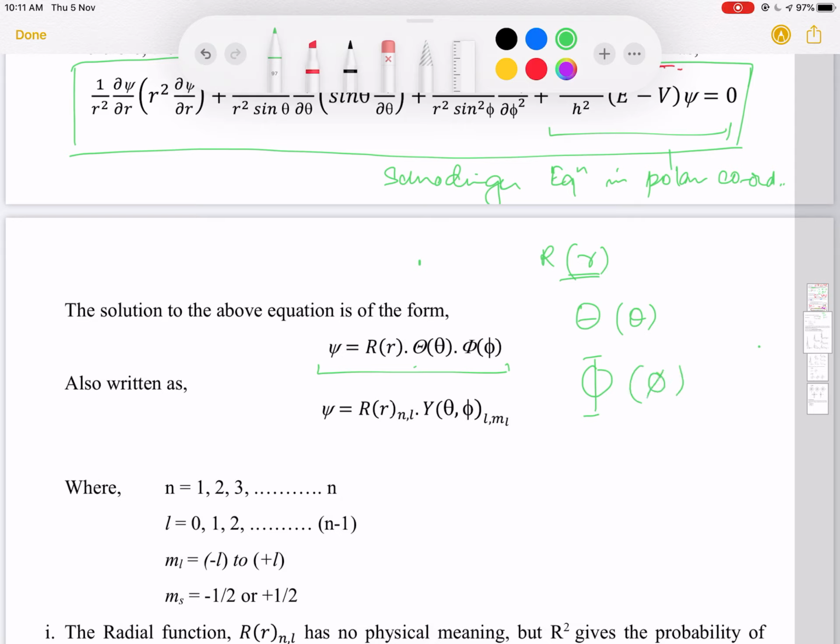This part, which is a function of r, is called the radial function, or radial part. The solution of the Schrödinger equation is divided into two parts, the radial part and the angular part, and this part is called the angular part or angular wave function.